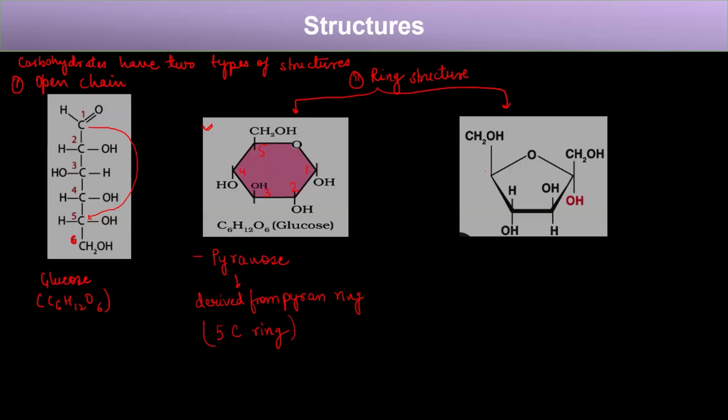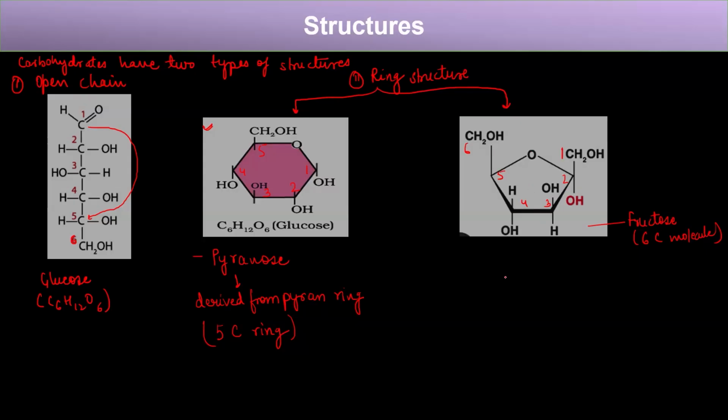Now, the second type of ring structure is what we are seeing here. Like the first was the example of glucose, the second is the example of fructose. Fructose is also a 6 carbon molecule, but if you see, it has a different structure than that of glucose. So what is the difference here? If we start numbering, the numbering here will start from here 1, 2, 3, 4, 5, 6. But inside the ring, you have only 4 carbon molecules.